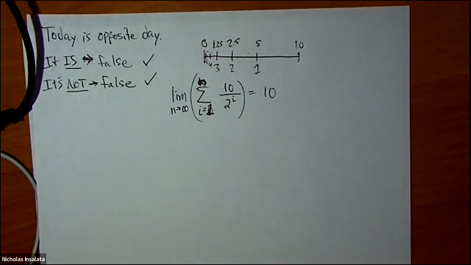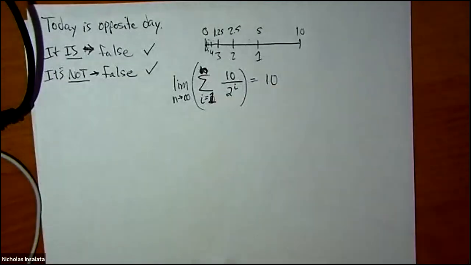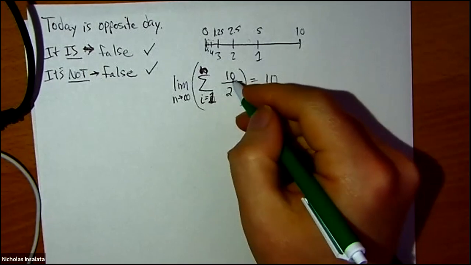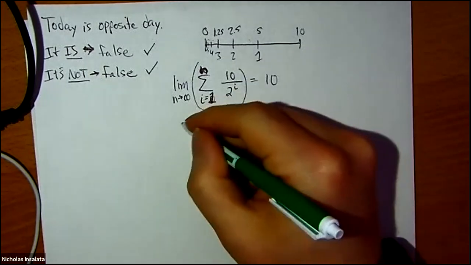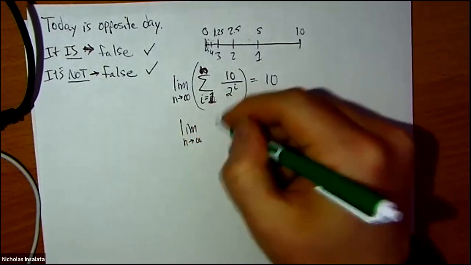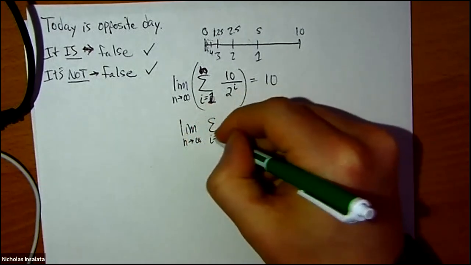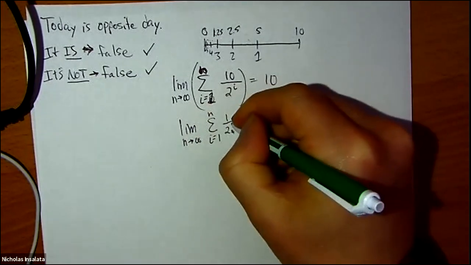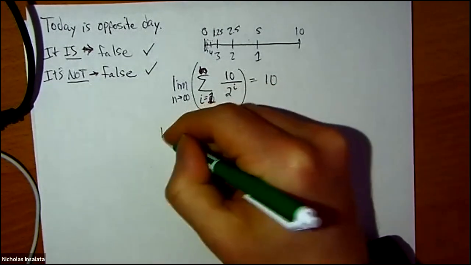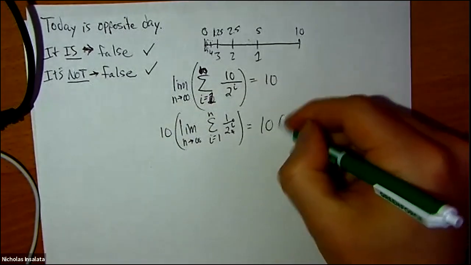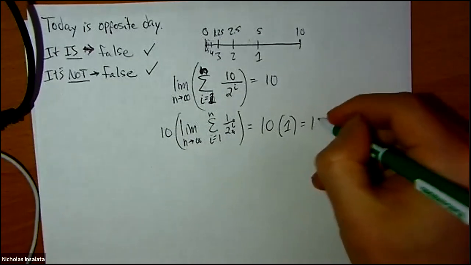And why is that? Well, because you can factor the 10 out. The 10's not part of the sum. You remember this from last term, right? So you factor the 10 out, you get the limit as n goes to infinity of the sum from i equals 1 to n of 1 over 2 to the i, times 10, equals 10 times 1 equals 10.